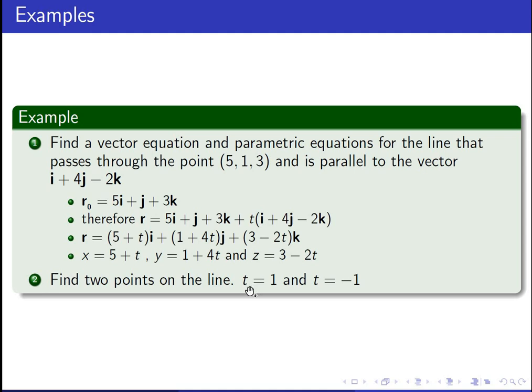When t is equal to 1, we have that the first point will be (6, 5, 1). You just substitute into this equation. And when t is equal to -1, x is 4, y is -3, and z is positive 5.